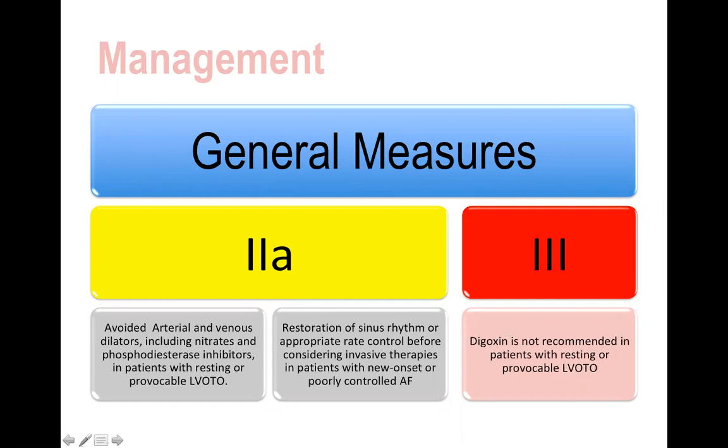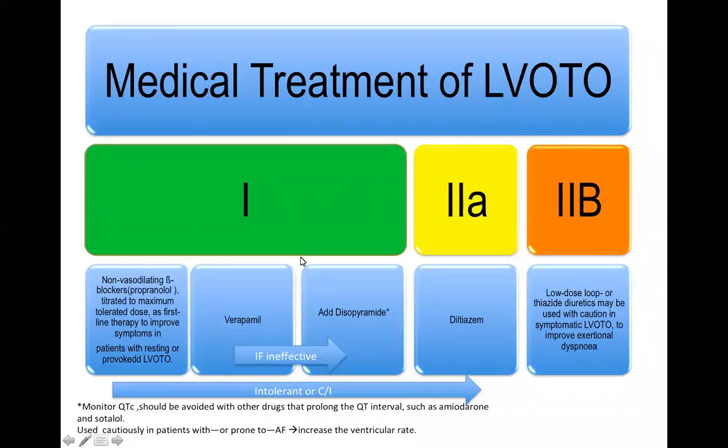And medical treatment of the LVOT obstruction, class 1: a beta blocker titrated to the maximum tolerated dose is first-line therapy to improve symptoms in patients with resting or provoked LVOT obstruction. If contraindicated or not tolerated, you can use verapamil, a non-dihydropyridine calcium channel blocker.